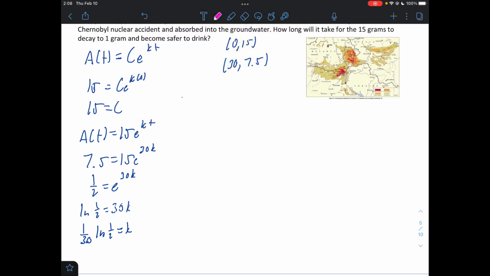So now our function is 15 e to the t over 30 ln 1/2. And it says how long will it take for the 15 grams to decay to 1 gram. So we want to know, when will A be 1? So 1 equals 15 e to the t over 30 ln 1/2.